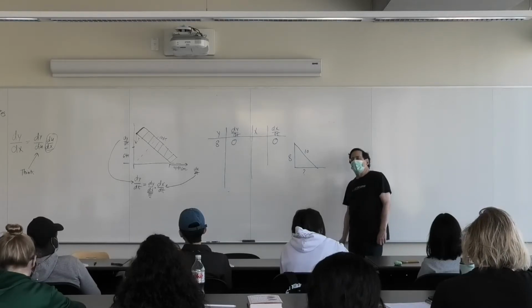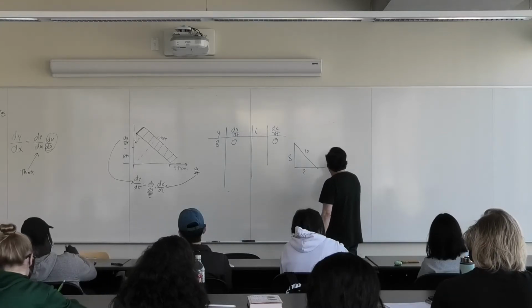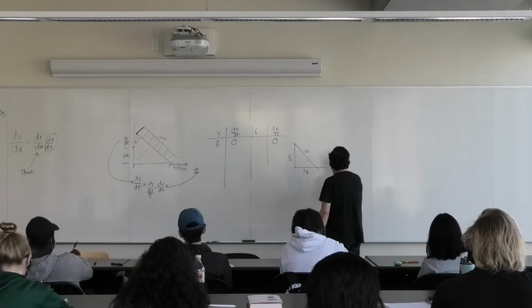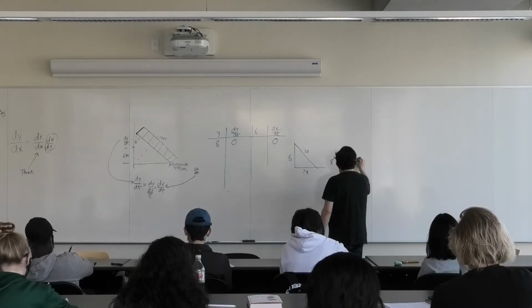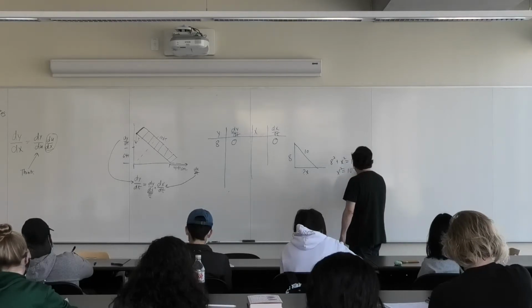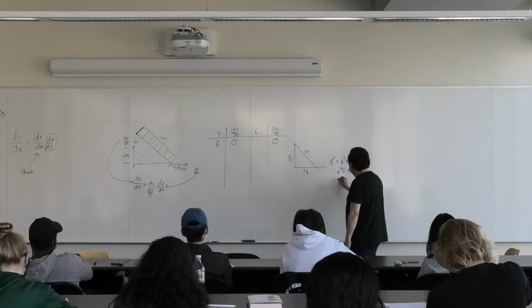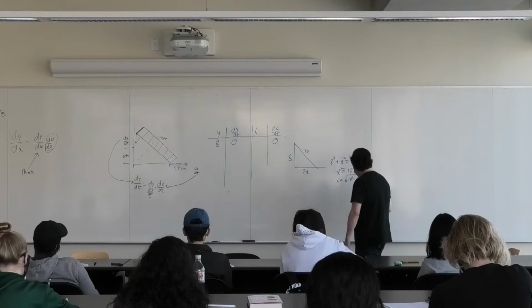Pythagorean theorem. Yeah. We're going to call this x, because that's what it is. 8 squared plus x squared equals 10 squared, or x squared equals 10 squared minus 8 squared, or x equals the square root of 10 squared minus 8 squared.